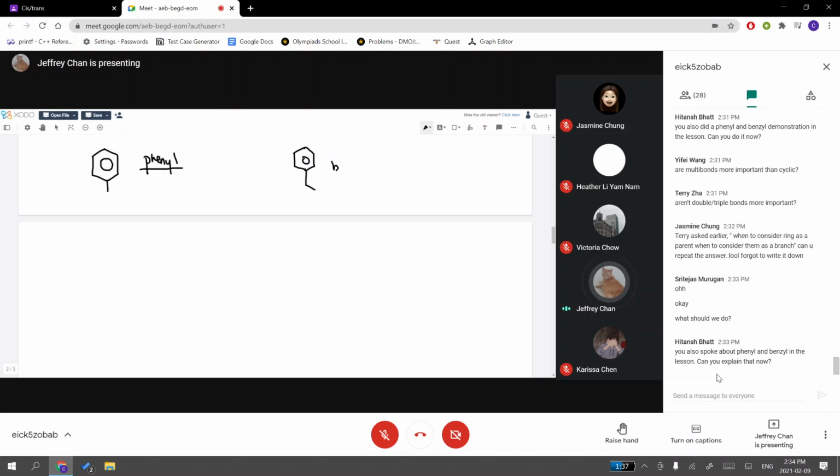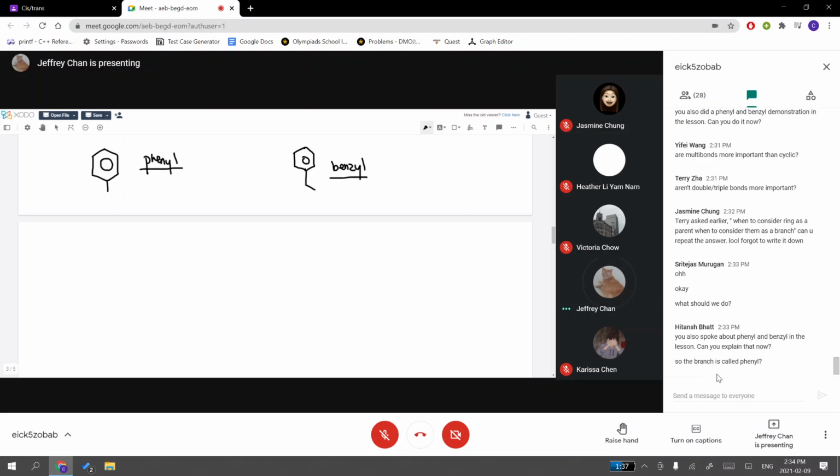This branch is called a benzyl. You would think that the one with the benzene ring would be called benzyl, but no. Benzyl is, there's one carbon right here, and then there is the benzene ring. So when you have something super complex and you have these as a branch, then it's called a phenyl, and that's called benzyl. When a benzene ring is a branch, it's called phenyl, yes.